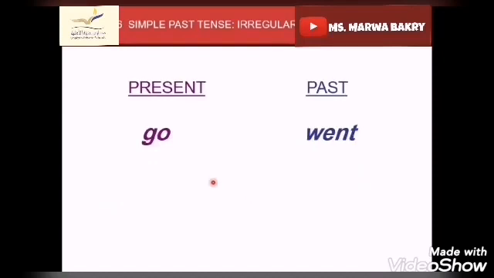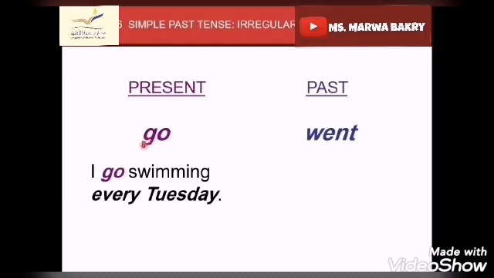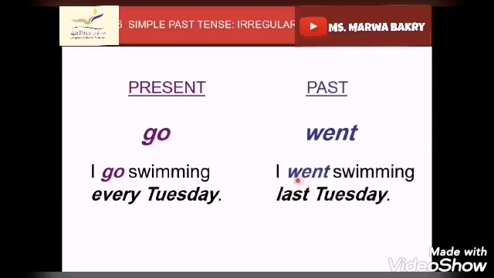Also the verb go, went. Go, went. For example, I go swimming every Tuesday. Here we use the verb go in the present form. Here, I went swimming last Tuesday. Take care, my students.